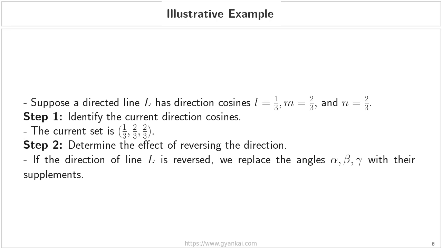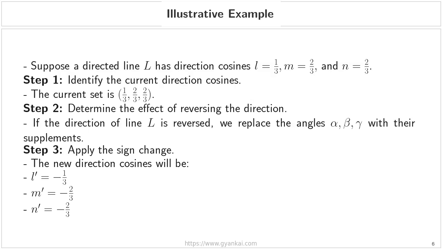Next, in step 2, we need to determine what happens if we decide to reverse the direction of this line. As we discussed in the previous slide, reversing the direction means we are replacing our original angles, alpha, beta, and gamma, with their supplements. Finally, in step 3, we apply the sign change. Based on the trigonometric identity we just learned, where the cosine of a supplementary angle is simply the negative of the original cosine, we can calculate our new values.